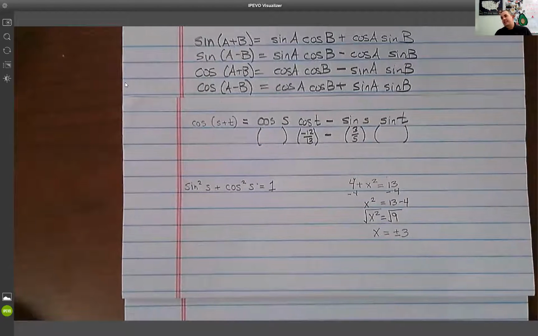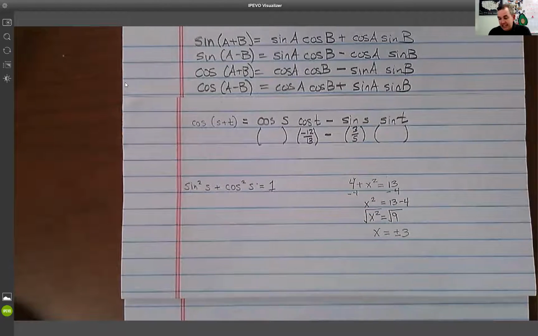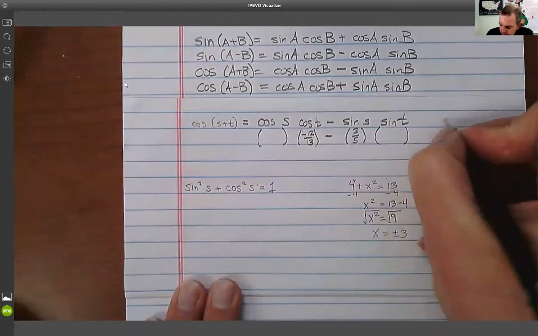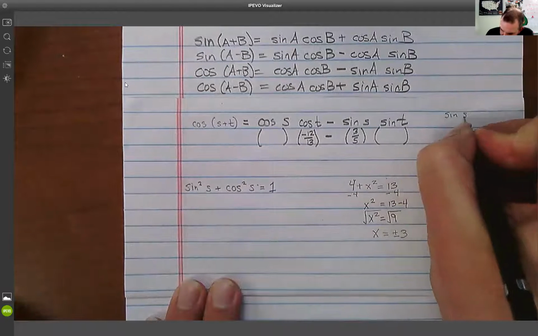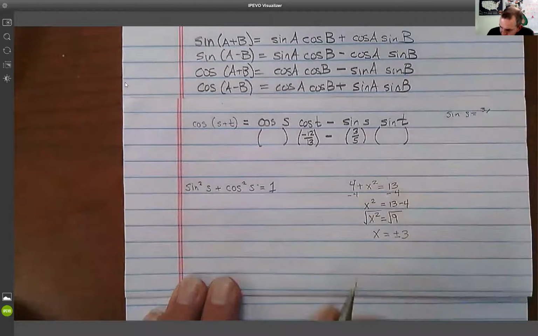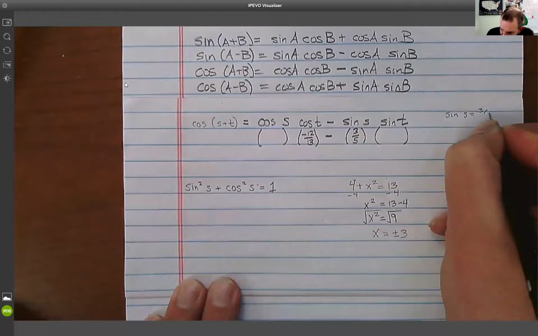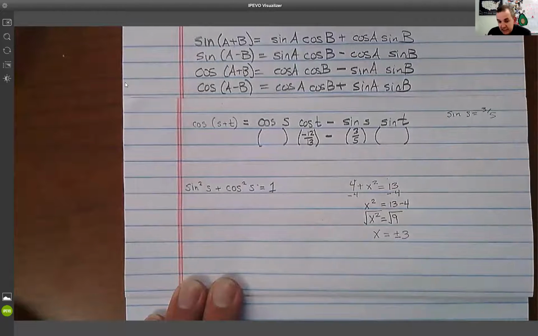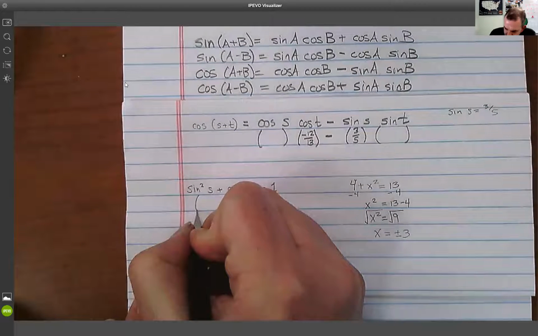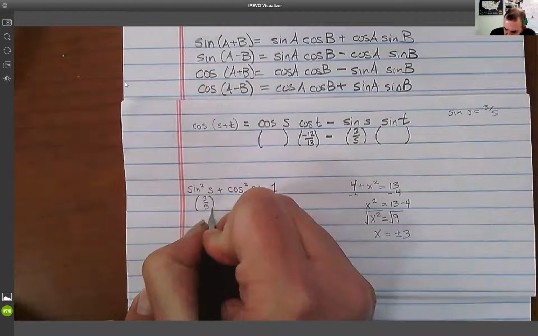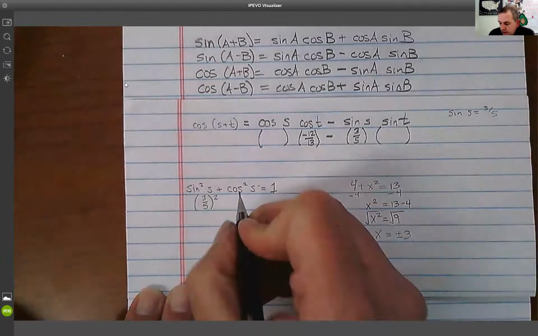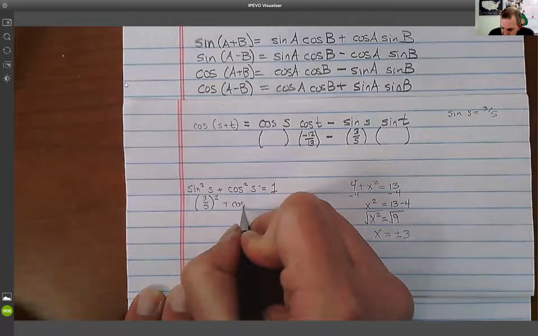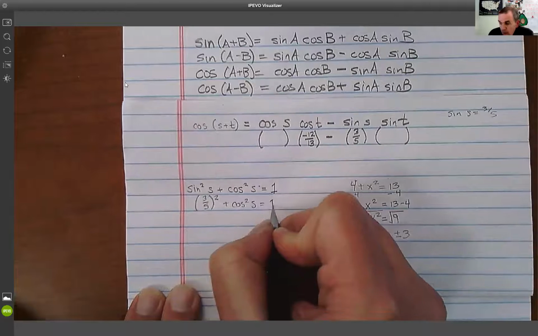We're going to follow that same logic with sines, because the idea of sine s being 3/5, sine s equals 3/5, is no different than me saying x equals 3/5. It's a variable equals a number. So I'm going to plug in 3/5 here, squared, plus cosine squared s equals 1.